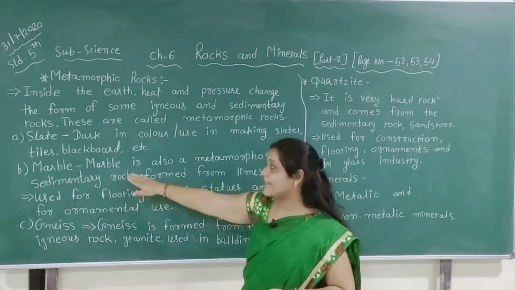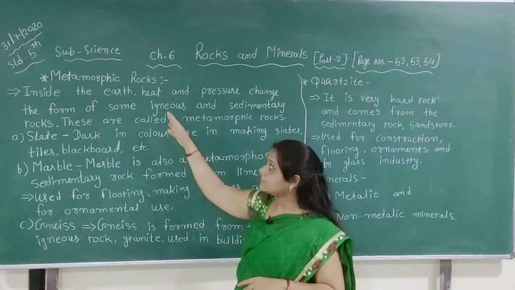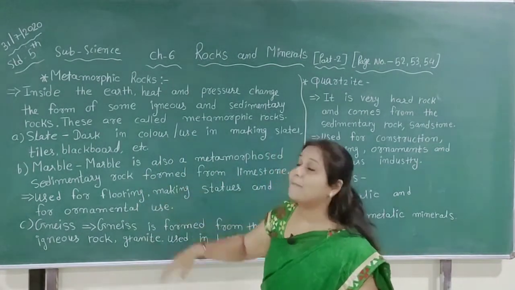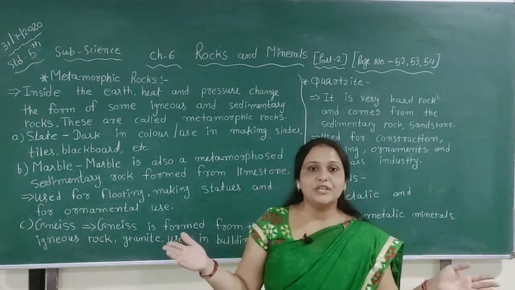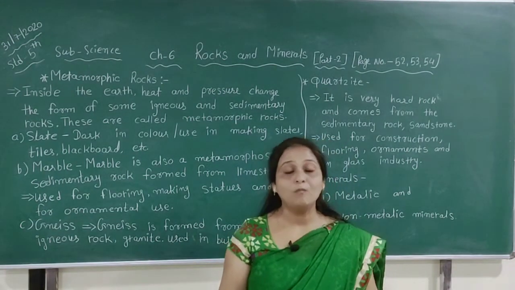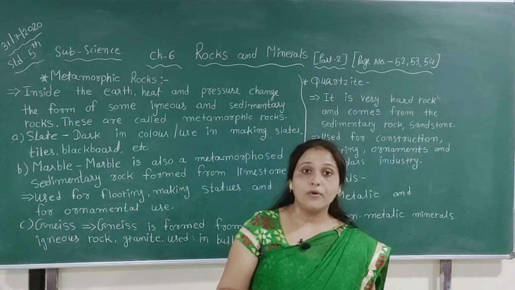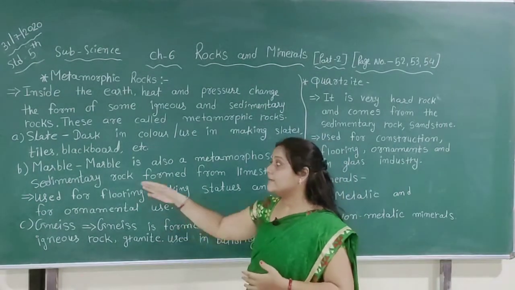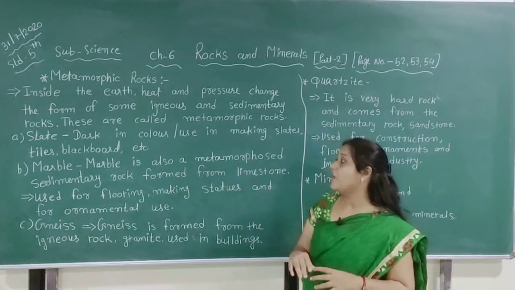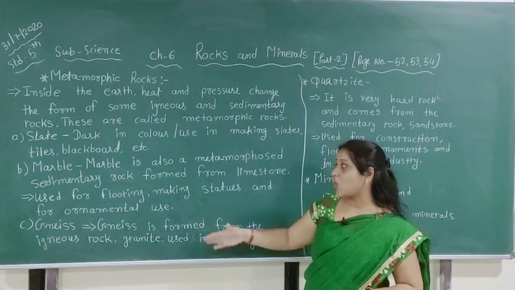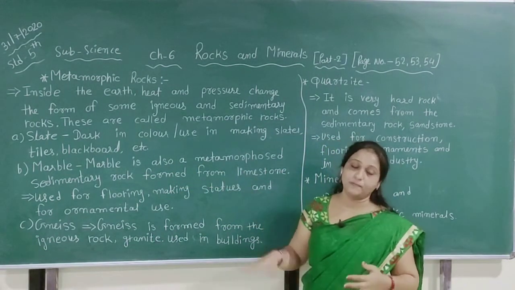Then the second example of metamorphic rock is marble. You have already seen the different types of marble available in different places, used for making homes. Marble is also a metamorphosed sedimentary rock formed from limestone.